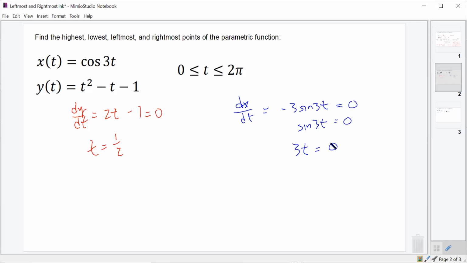Well, at 0 and at pi, right? And then at 2 pi, and then at 3 pi, and then at 4 pi, and at 6 pi. So t is equal to just pi n over 3. Good or no?